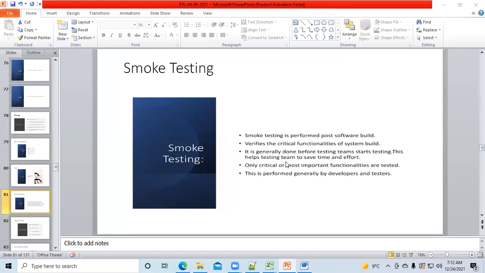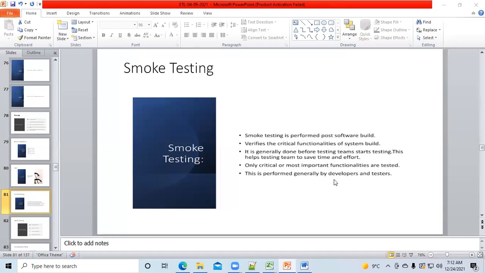If there is any gap or anything broken in the software, then you can immediately report it to the development team. Only critical, important functionalities are tested. This is performed generally by developers and testers. Developers also used to do this, but generally it is done by the testers.